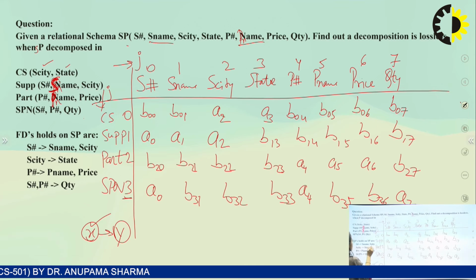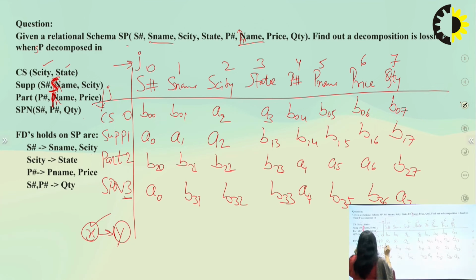So for this functional dependency, we will check first S hash; this functional dependency exists here. So okay, we'll check A0, A1, A2. A0, yes, this A0 is here, A1, A2.